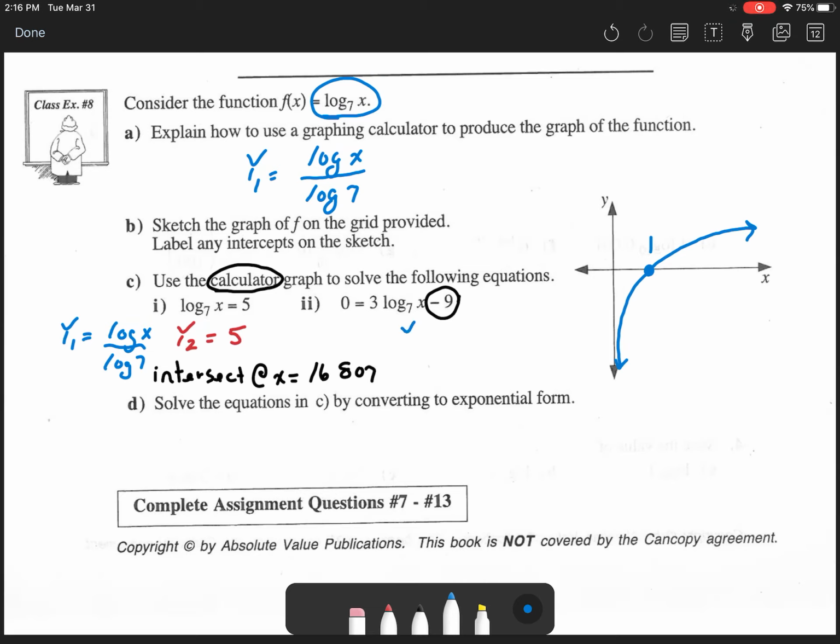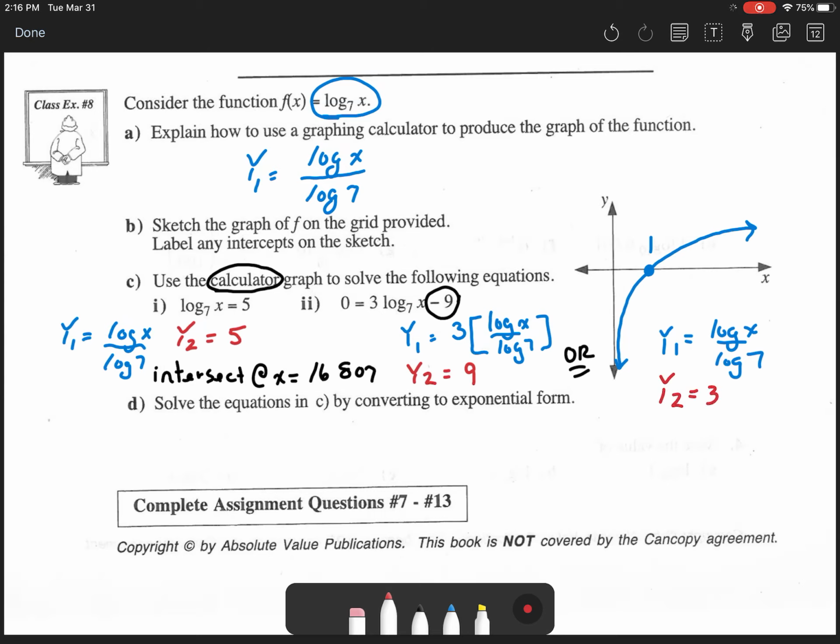For y1, you could graph 3 times log x over log 7, and you could graph y2 as 9. That's one option. Or if you really wanted to, you could divide both sides by 3. Then y1 is just log x over log 7, and y2 would now be 9 divided by 3, which is just 3.